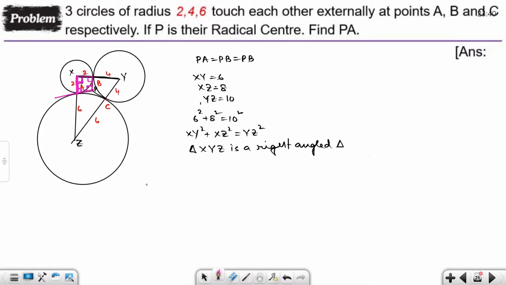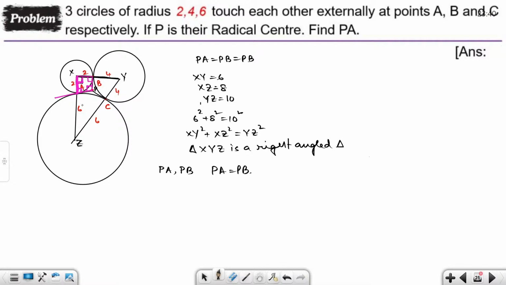Tell me yes or no. That is, this quadrilateral now becomes a square. It becomes a square. Why? Because from point P, you have drawn two tangents PA and PB, which are of equal length.